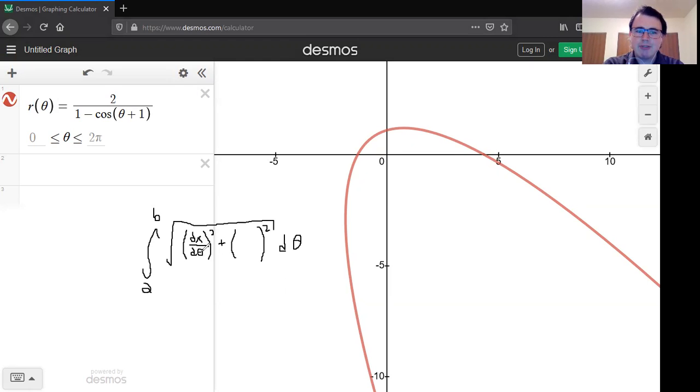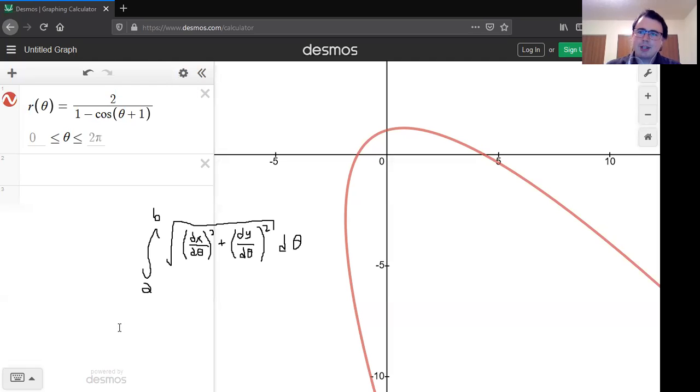This is my derivative in x with respect to the variable theta. And then I'll add that to dy on d theta all squared. My derivative of y with respect to the independent variable theta.